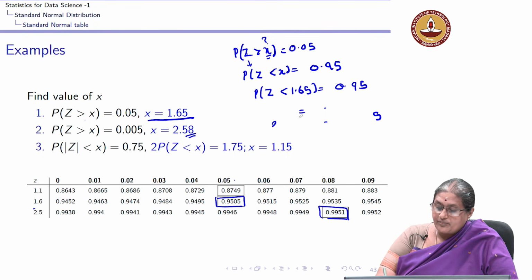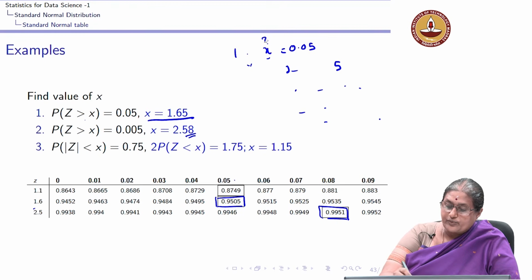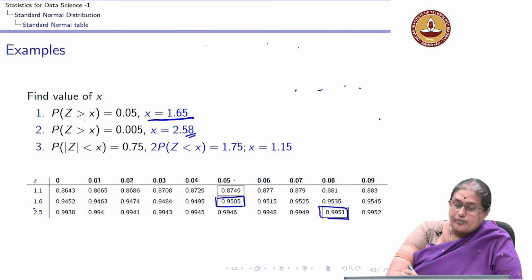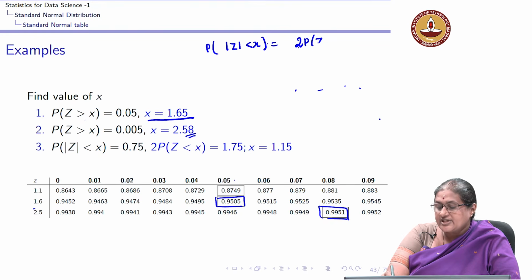Now, the third one, probability mod z is less than x is equal to 0.75. Again, I know that we have already seen probability of mod z is less than x is the same as 2 times probability z is less than x minus 1.